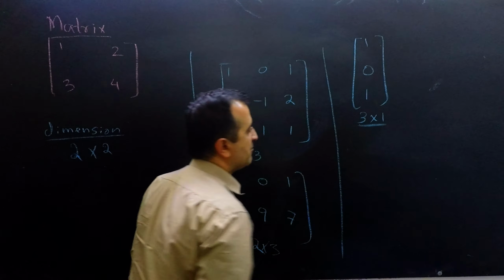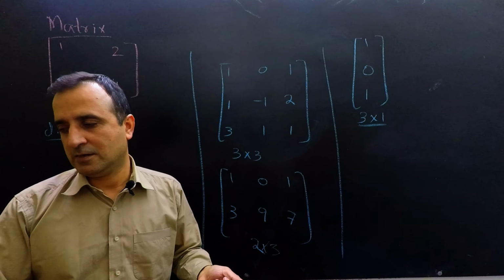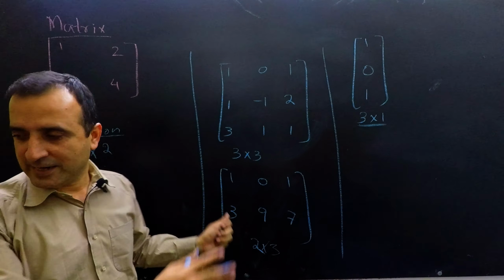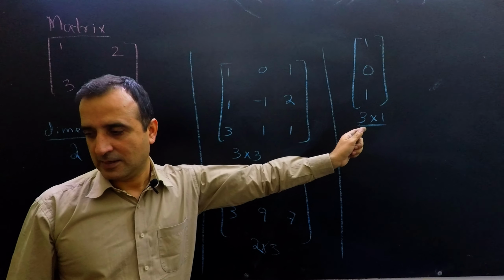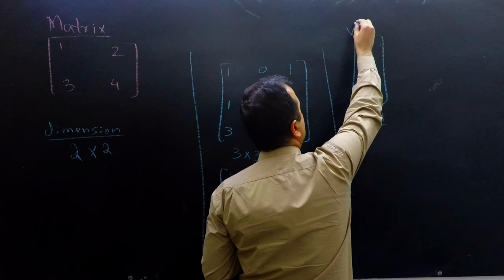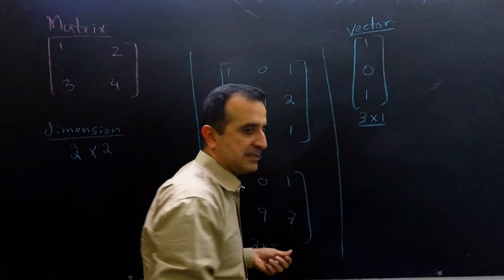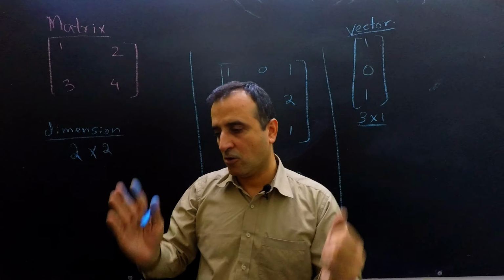Now such a matrix which has 1 column is called a vector. These are matrices, this is also a matrix, right? But it has a special name. We call it a vector. So what is a vector? A vector is a matrix which has 1 column.